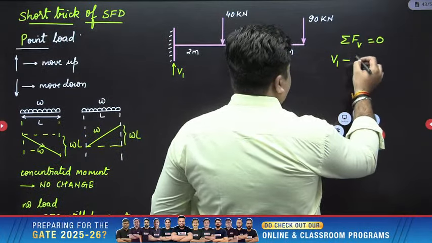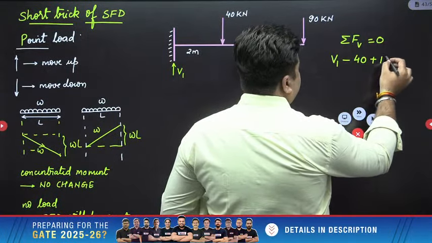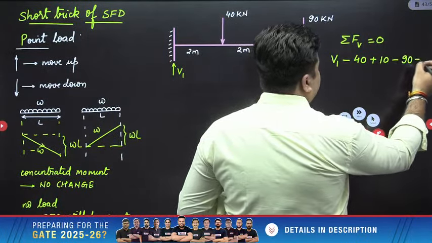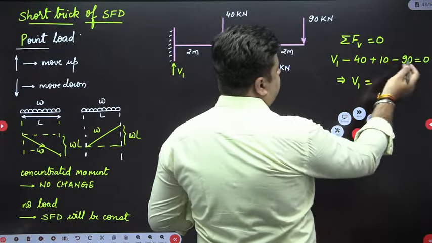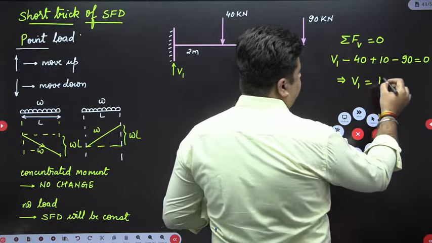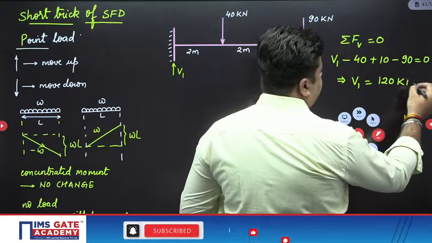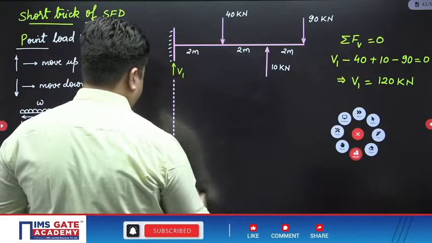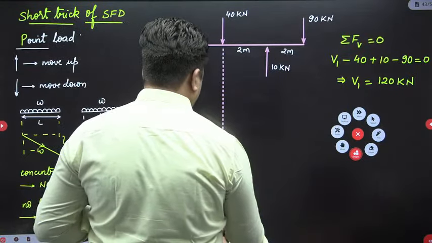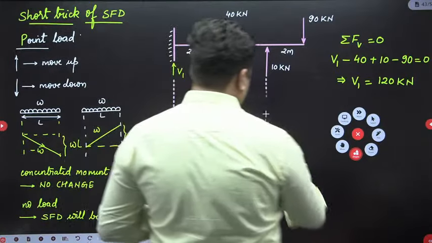So minus 40 plus 10 minus 90 equal to 0. So the value of V1 will be how much? V1 will be equal to 130, 130 minus 10 will be 120. 120 kilonewton, okay. I only require the value of V1 for drawing the shear force diagram for this beam.